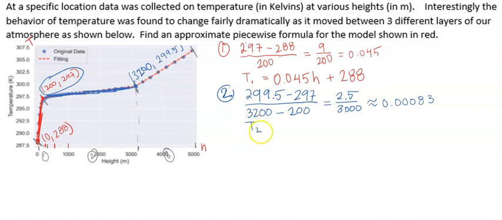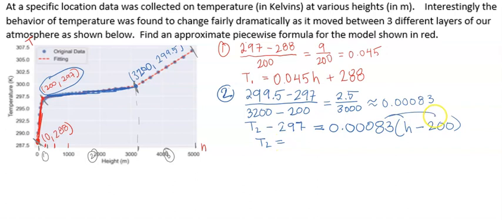So I'll call this piece T number 2, temperature piece number 2. And we need to subtract the y value, minus 297, and then we need our slope, and then h minus the h value, 200. Okay, so this is our setup. And then it's just a little bit of rearranging. So we'll want to distribute, and we'll also want to add the 297 over here.